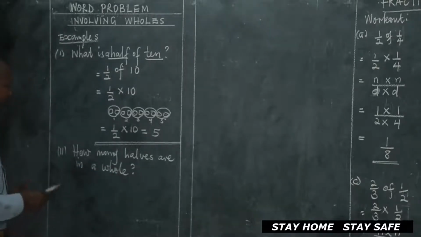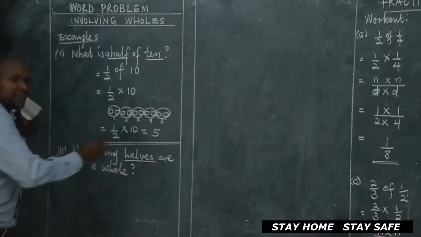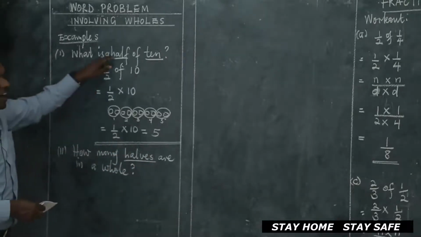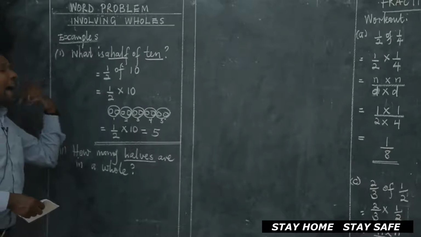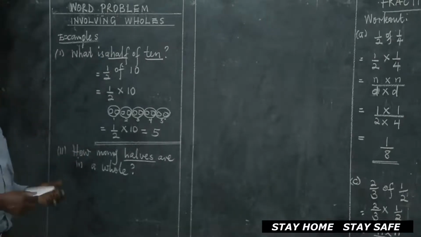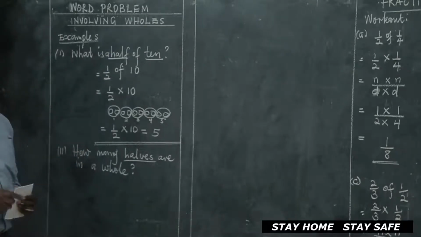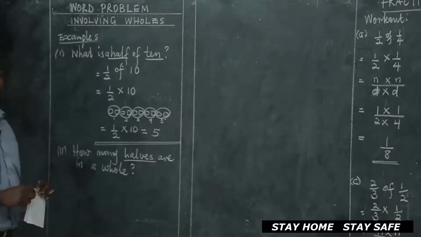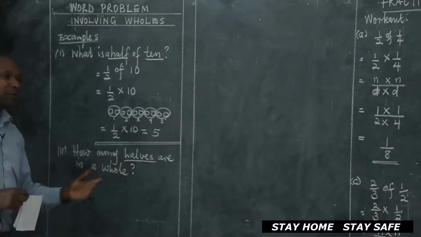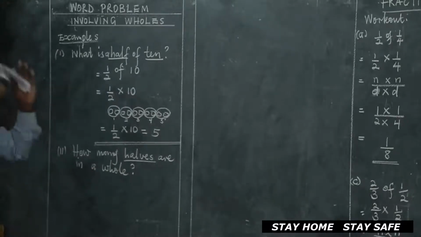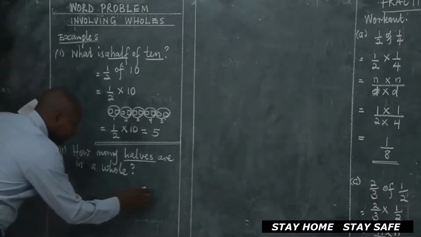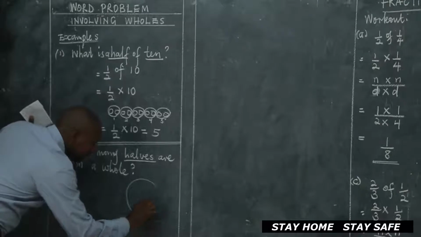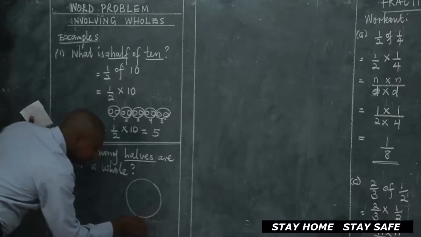Do you know the meaning of the word halves? This is the plural word for a half. So a half is 1. If there are many, not half, but halves, H-A-L-V-E-S, halves. How do you go about this? Now, assume you have a whole which is of this kind.